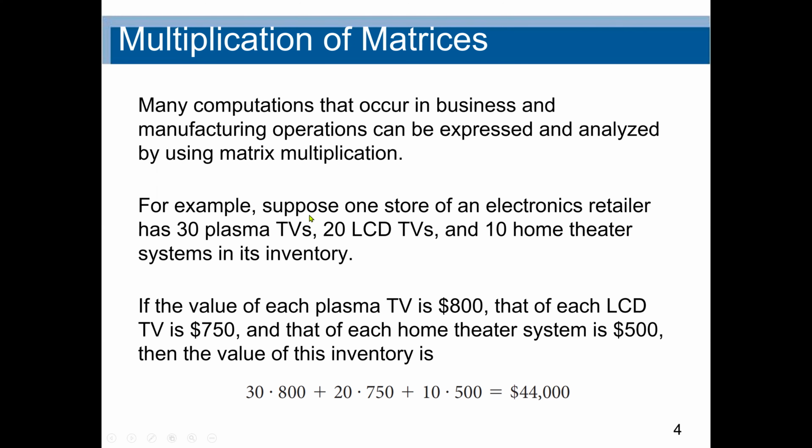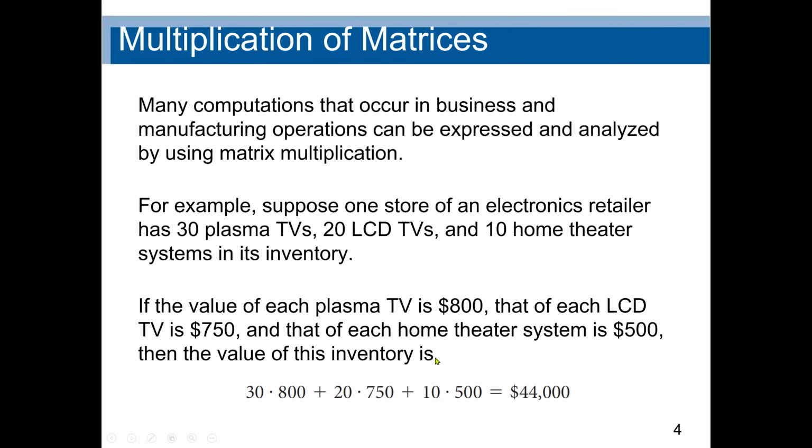So for example, suppose one store of an electronic retailer has 30 plasma TVs, 20 LCD TVs, and 10 home theater systems in its inventory. Now the value of each plasma TV is $800, each LCD is $750, and each home theater system is $500.